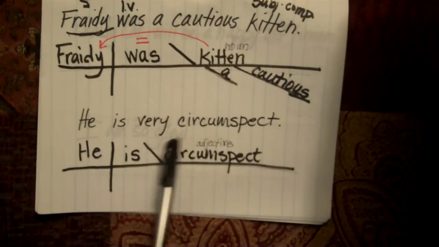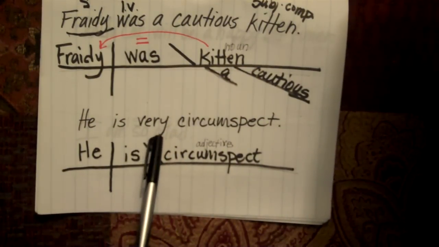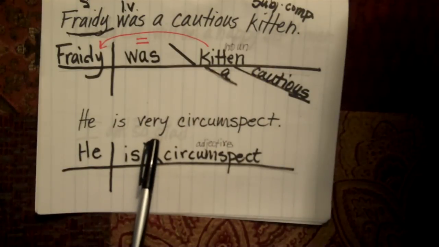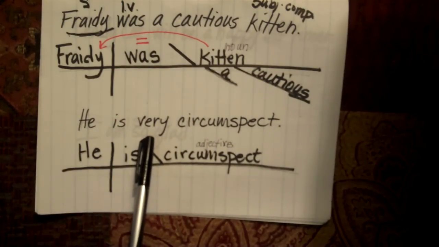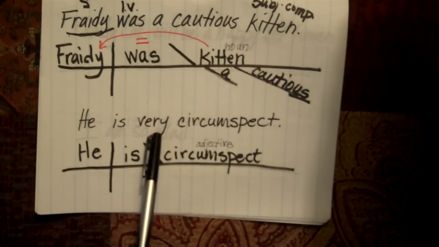What do I do with very? I wonder how many of you know what part of speech very is. I wish I could take a little poll right now. Ask questions then. Does it answer the questions, which one, what kind, how many, how much? If it did, it would be an adjective. But it doesn't.